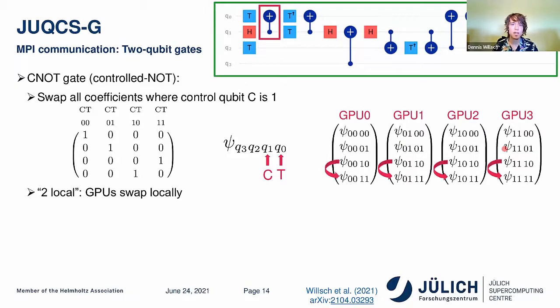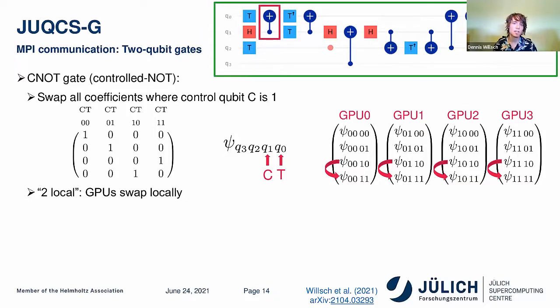What needs to happen now is that we need to swap those numbers where the control qubit is 1 if their target qubit is the inverse of the other. So this one needs to be swapped with this one, all the way up to GPU 3, this one with this one. And you see that this all happens locally. So in that sense, simulating a CNOT gate on these local qubits is much simpler than simulating a global single qubit gate. So that's different from what you typically see.